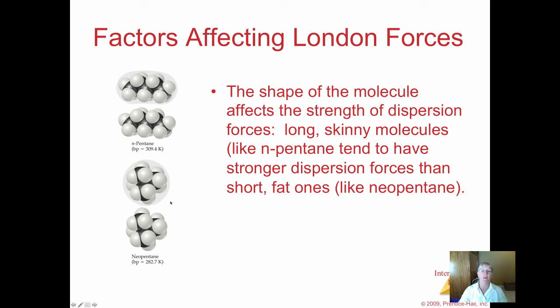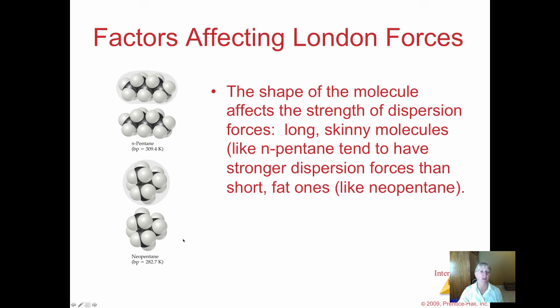So long, skinny molecules like n-pentane have more spots between two molecules next to each other for London dispersion forces to take place. Whereas if you're spherical, you have less surface area and therefore theoretically weaker London forces, even though they have the same molar mass, because they have the same number of carbon and hydrogen atoms.